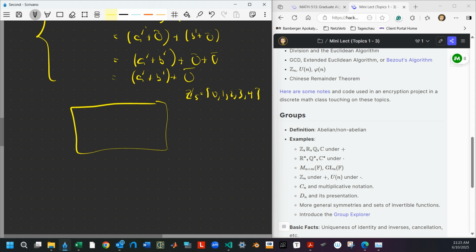Or if you like, we could say it's the classes 0 bar, 1 bar, 2 bar, 3 bar, 4 bar, where here I'm defining the addition like this. Up here we're defining the addition modulo n. So there's two different representations for the same set. They mean the same thing. And you've got to get used to that. We do that a lot in this class.